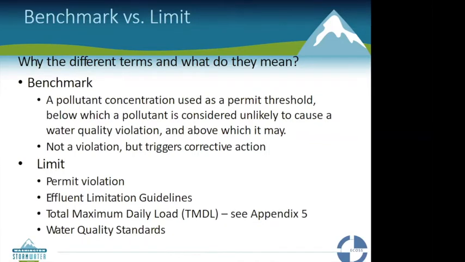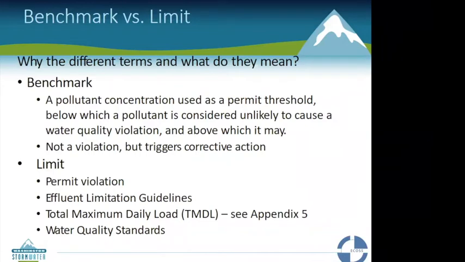So if you have zinc above a benchmark of 117, it's not a violation of your permit, but if you don't do anything about it, that is the violation. So if you don't take a corrective action, which we'll go into in detail in a few minutes, that is when the violation occurs.